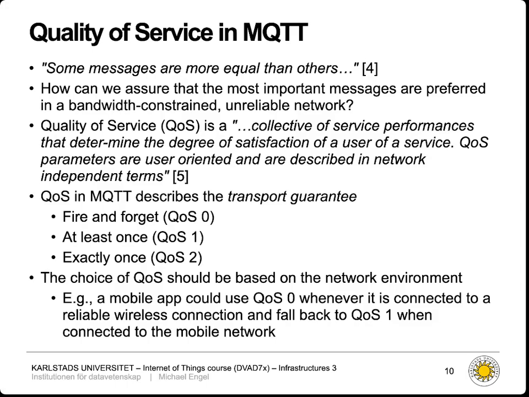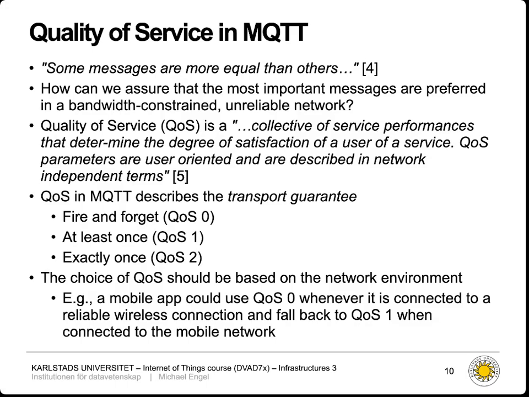And then the customer has two bottles. The customer will be happy, but the operator of the vending machine will not be happy in the long run. So for some messages, it's really important to be received exactly once, not zero times, not more than one time, but exactly once. This is the highest quality level. For exactly once messages, we have to ensure that there is exactly one instance of the message arriving. Full stop.